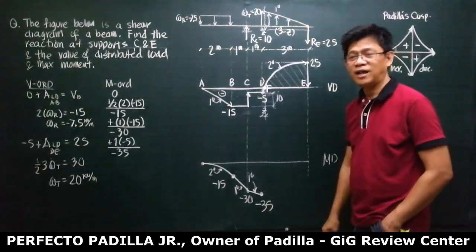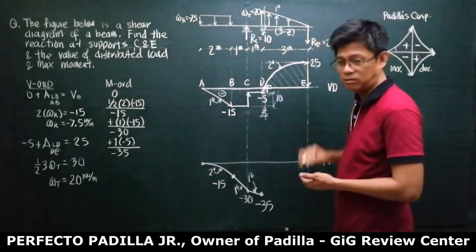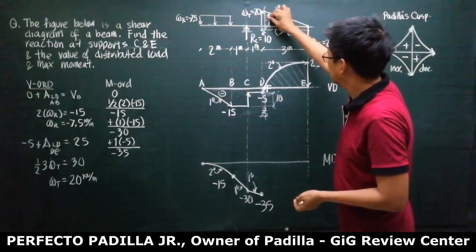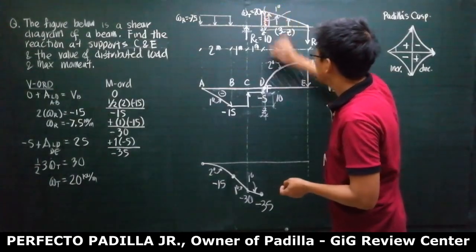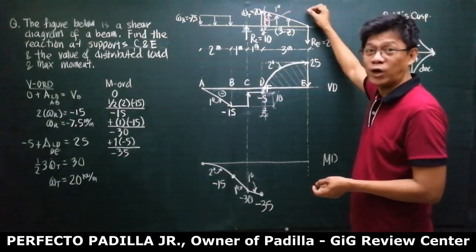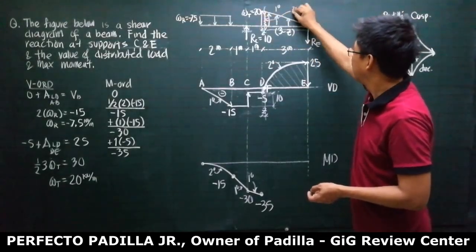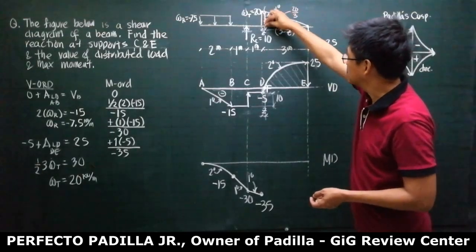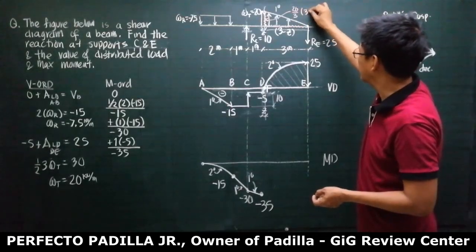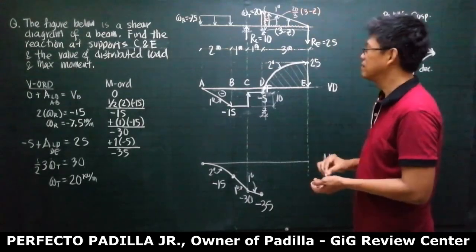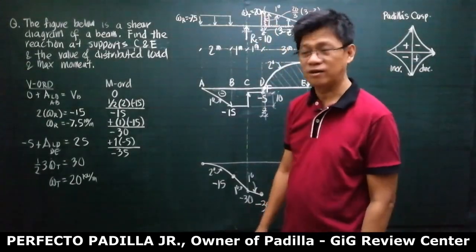Okay? Now, take note using y is mx formula for this triangle. So, this quantity from y is mx. This is equal to m, the slope of this, 20 over 3 times the x. Its x is this one, which is 3 minus Z. Right? Okay. So, the shear at F is 0.